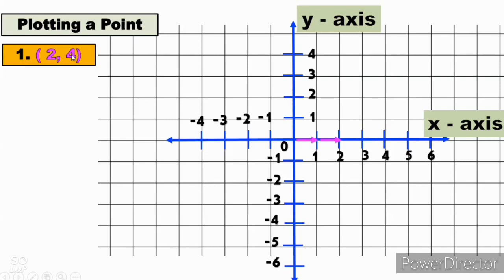And then, ang y-coordinate natin is 4, positive 4. So, magka-count tayo ng 4 units going up, going to the positive direction. So, 1, 2, 3, and 4. Okay? And then, maglalagay tayo ng point. So, that is the point positive 2, positive 4.